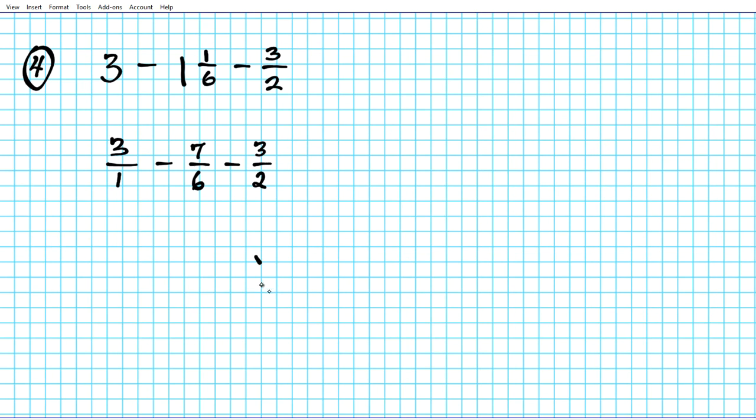Alright, now let's see. To combine these, we need to have identical denominators. Okay, so what we need to find is the LCD of the denominators. What is the LCD of 1, 6, and 2?